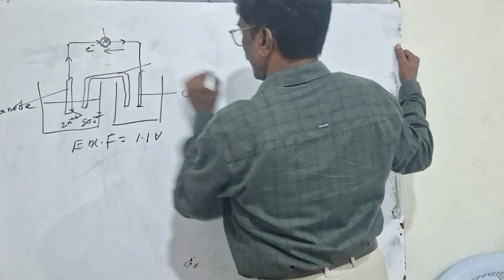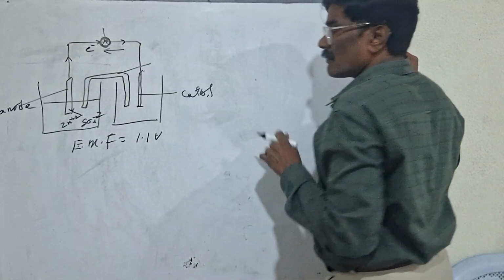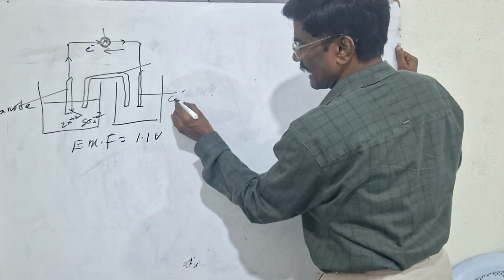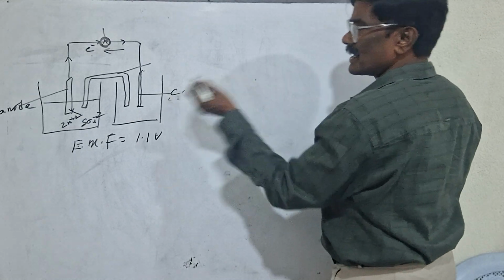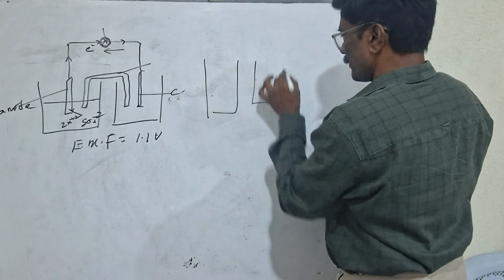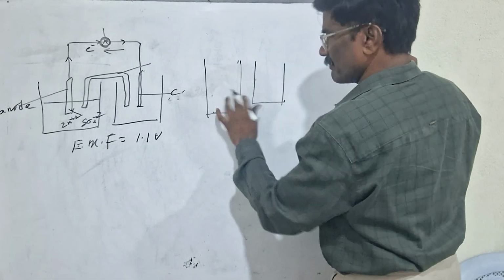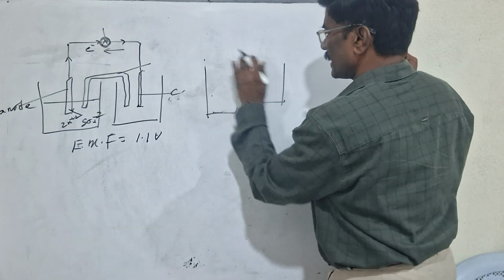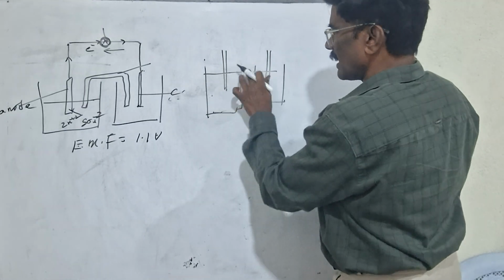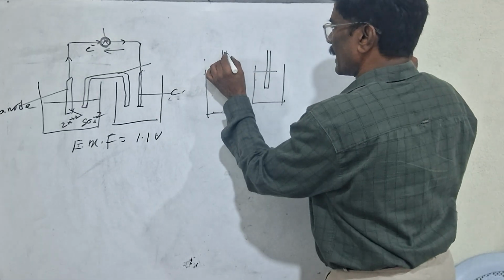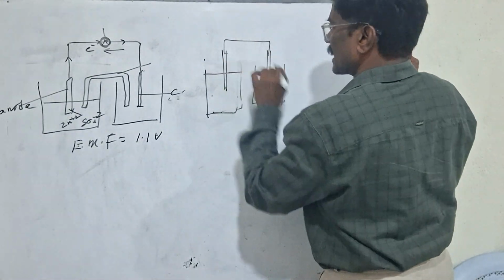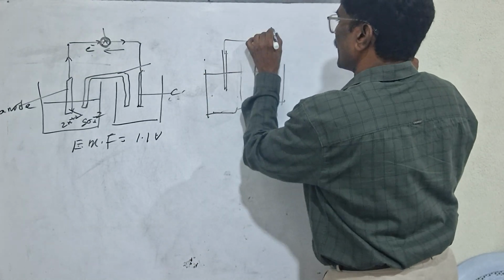For example, when some external potential is applied to this circuit, the same two half cells will continue. The same zinc rod is dipped, the copper rod is dipped, but here we are applying an external potential into the circuit like this.